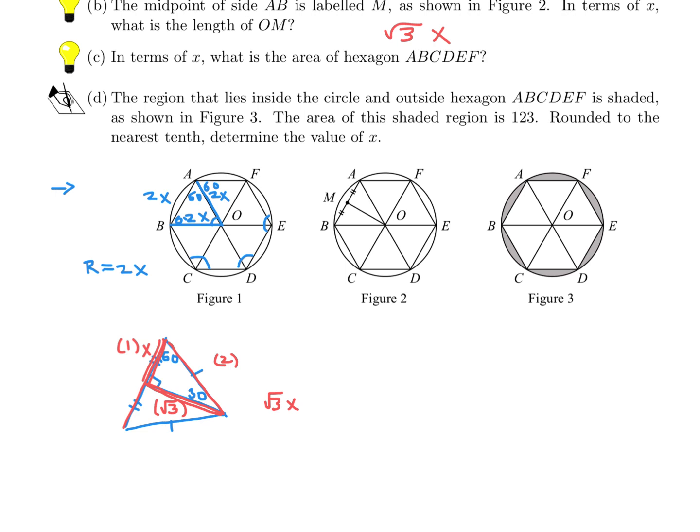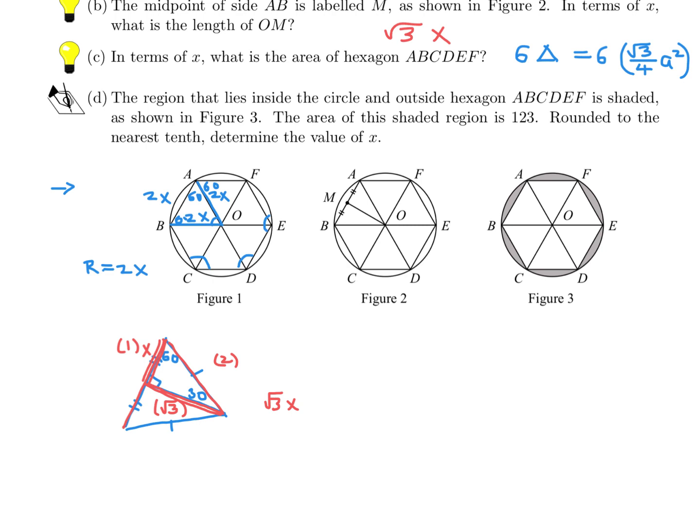In terms of x, what is the area of the hexagon ABCDEF? Okay. Well, the hexagon consists of 6 equilateral triangles, right? And the formula for area of an equilateral triangle, some of you may remember this, it's actually very helpful to know it. It's root 3 over 4 times a squared, where a is the length of a side.